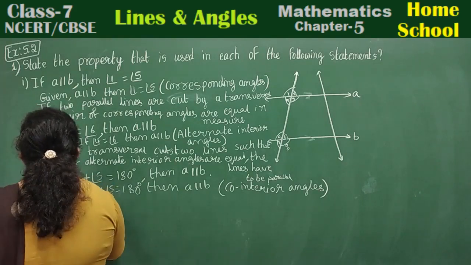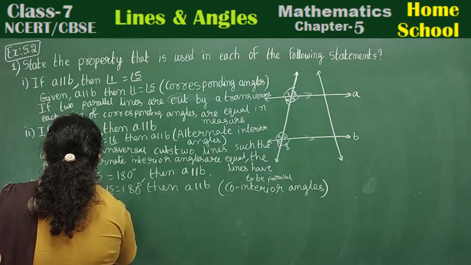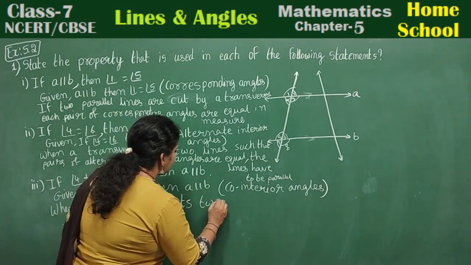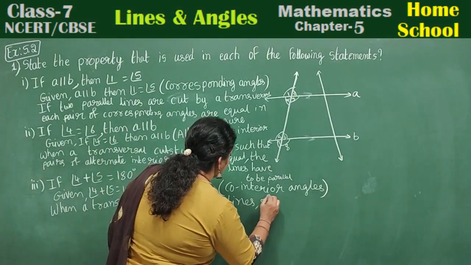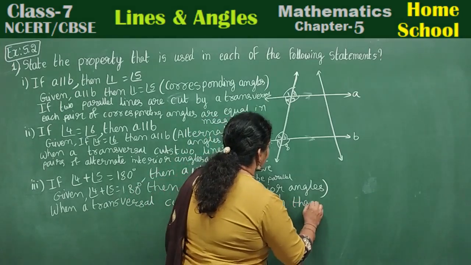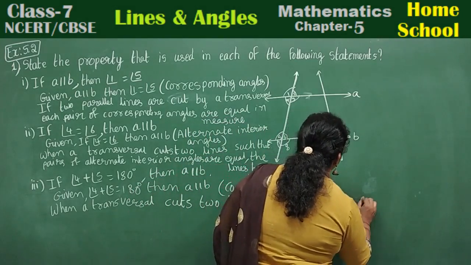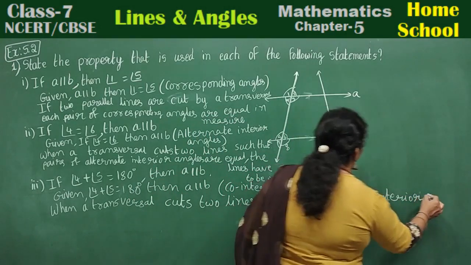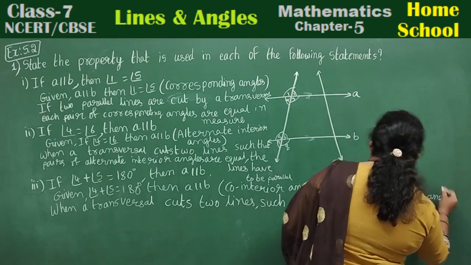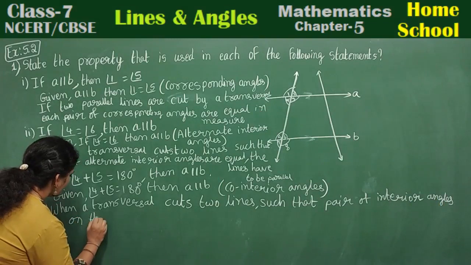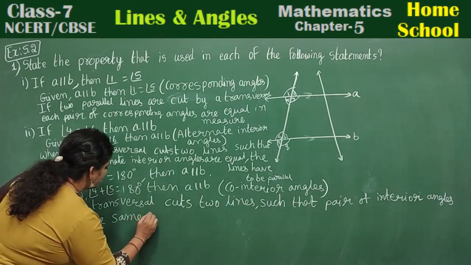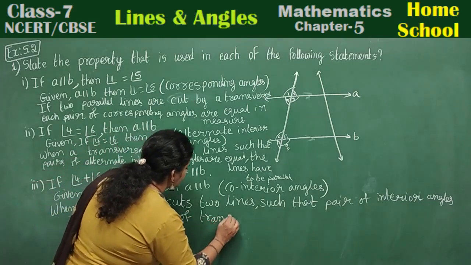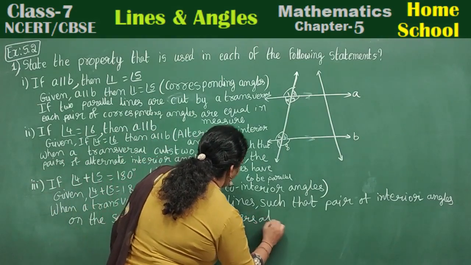When a transversal cuts two lines such that pair of interior angles on the same side of transversal are supplementary.